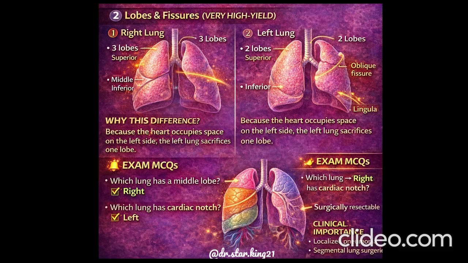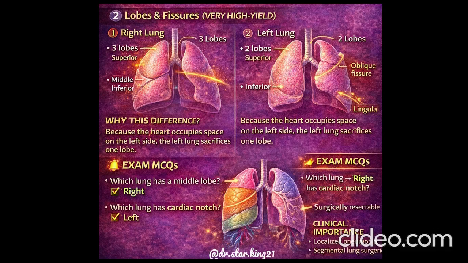Here, the clinical correlation for the left lung is that cardiac enlargement can compress the left lung, and lingular pneumonia mimics right middle lobe pneumonia. The left lung is more involved in cardiac-related respiratory symptoms because almost all of the left lung is related to the heart, which occupies the left side of the thoracic cavity.